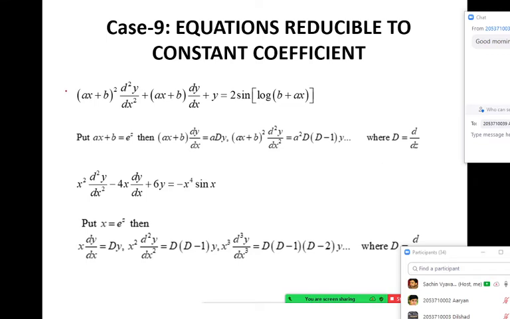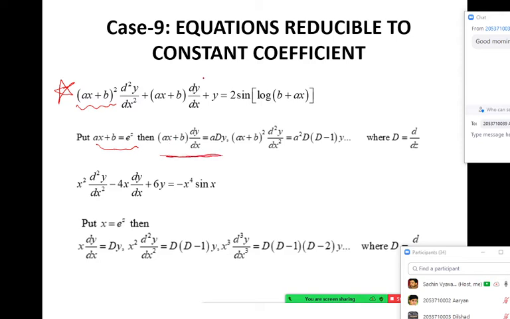You should focus when the differential equation occurs like this. For this variable coefficient, we have to do a substitution. First thing, the most important thing, we replace ax plus b equal to e raised to z. Then we directly write these values. We are not going to prove it.